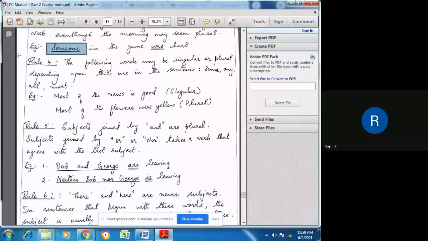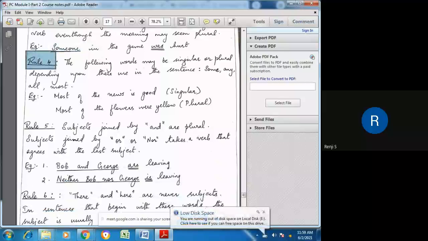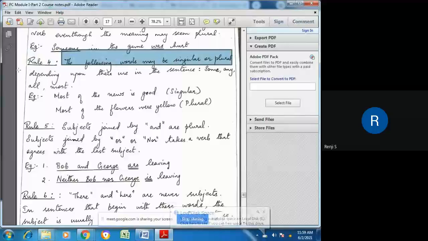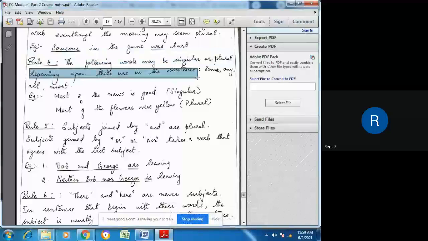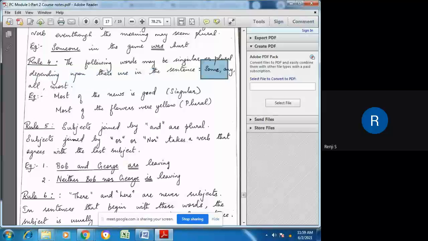So now we are going on to the fourth rule, rule 4. The following words may be singular or plural depending upon their use in the sentence. For example, some, any, all, and most.